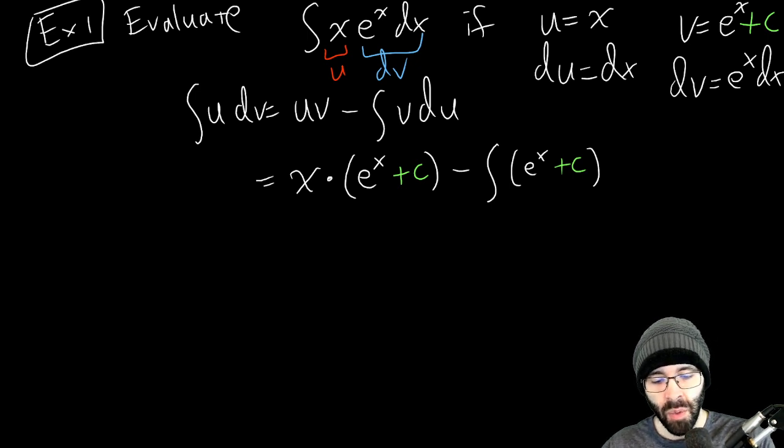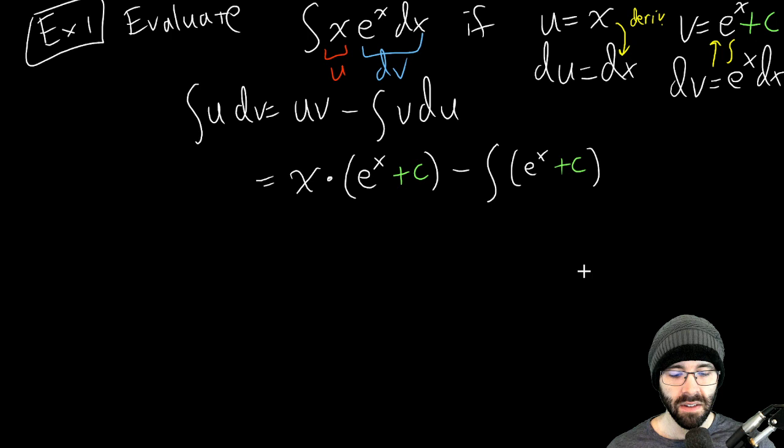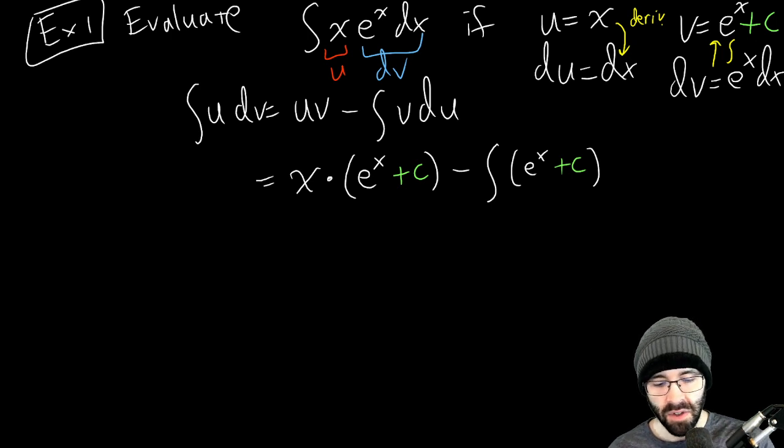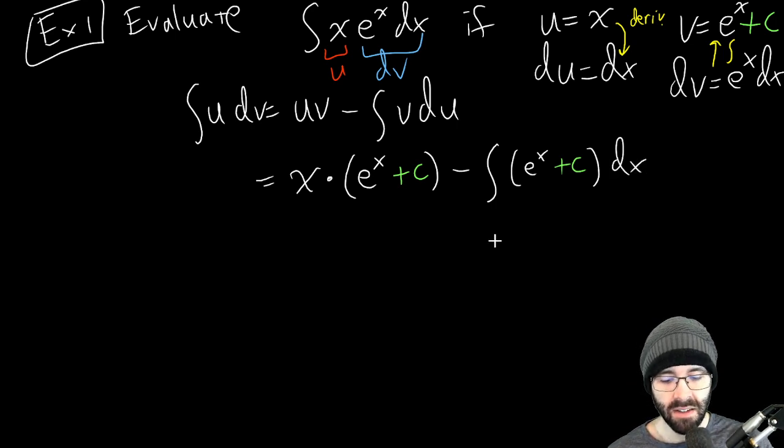So again, the way that we've set this up over here is this is just what happens when you take the derivative. And this is what happens when you take the antiderivative. So it's again v du. What's our du? Oh, it's just dx here.